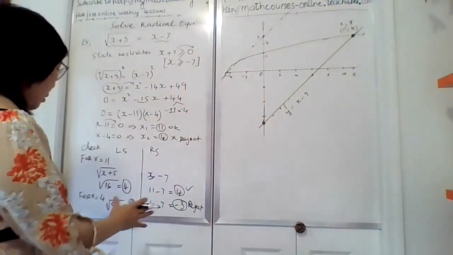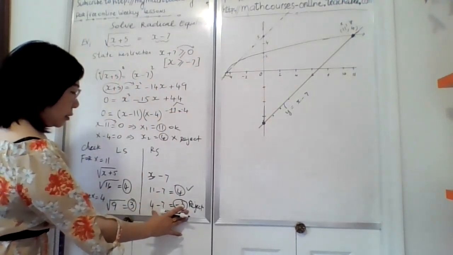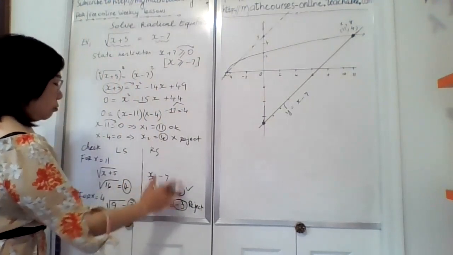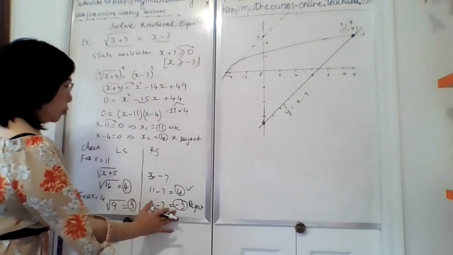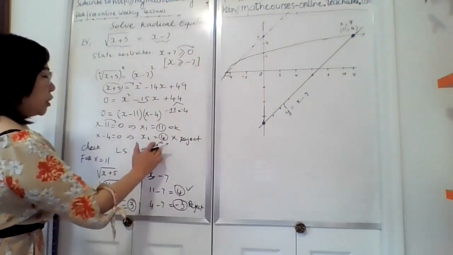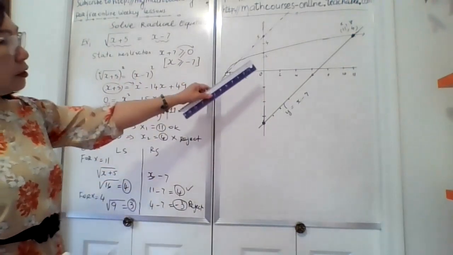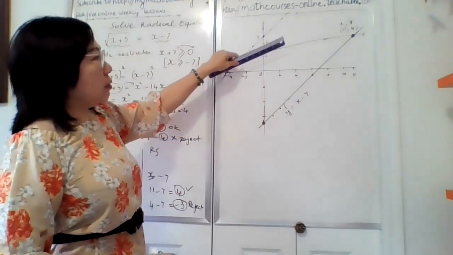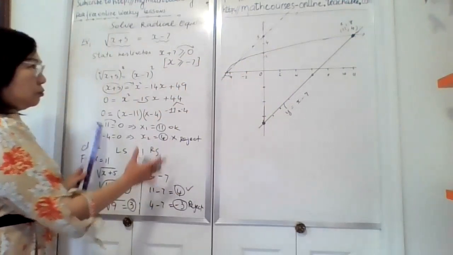Now, let's examine if we do it algebraically, we got reject for the second solution because the left side equals 3 and the right side equals minus 3, which is why we reject the second solution. And obviously on the graph here, you can see that it only appears as one solution and not two solutions.